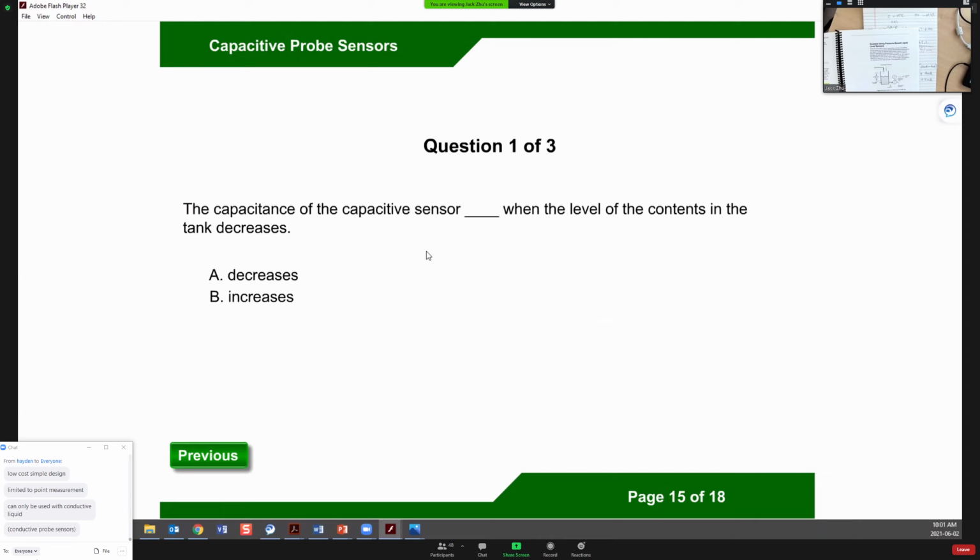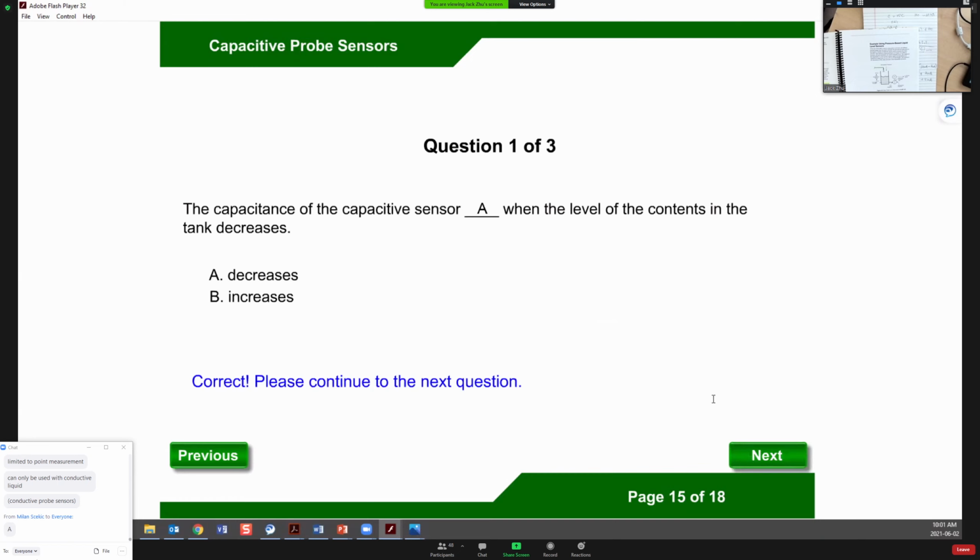The capacitance of a capacitive sensor decreases. That's right.